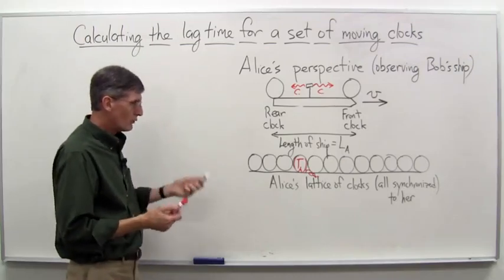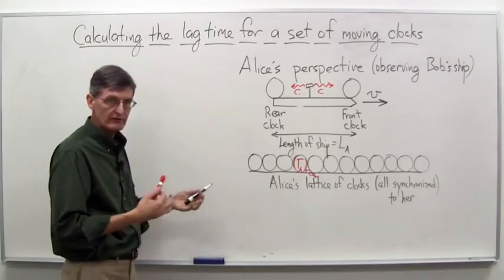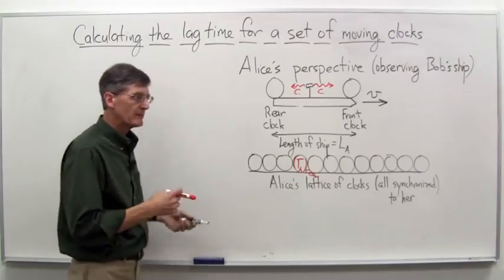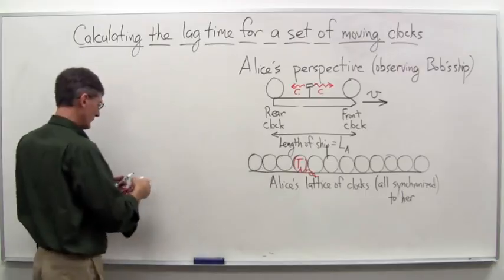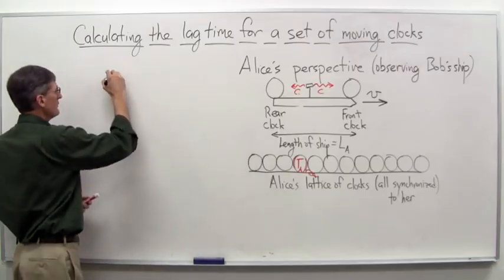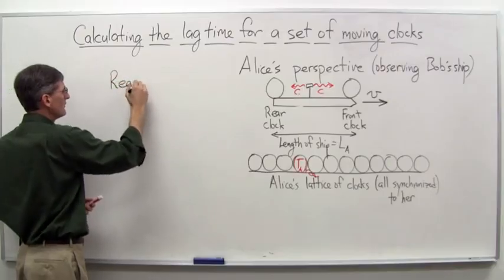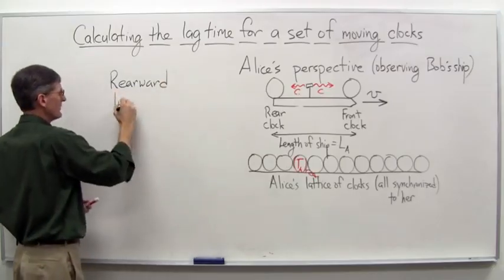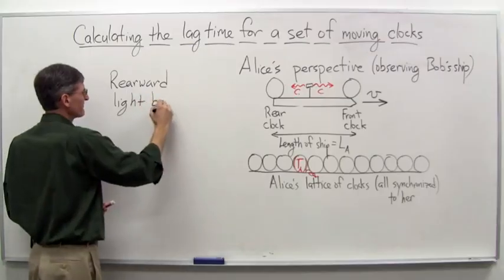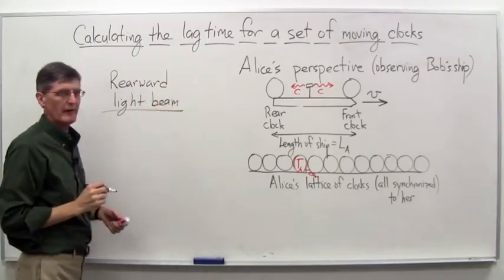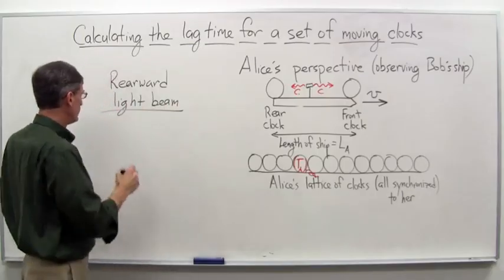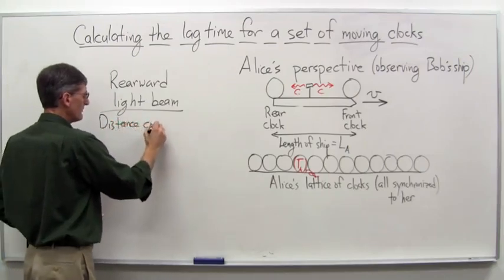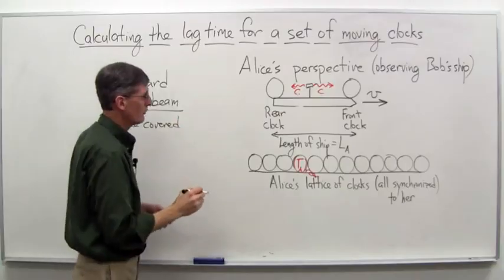Okay? Well, can we do a little calculation of that? Just a distance over time type of calculation? The answer is yes. Let's look at the rearward light beam, the light beam heading toward the back. The distance covered is going to equal what?